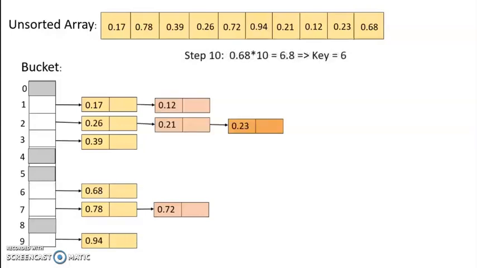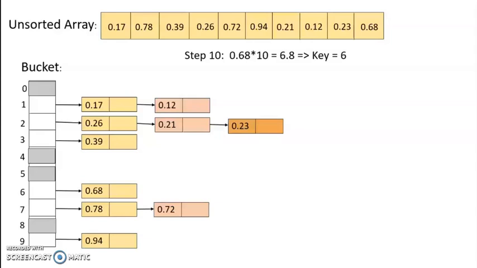Now when all the elements are distributed in the buckets, we will internally sort each bucket using any other sorting algorithm, for example insertion sort or merge sort. When we apply the internal sorting, we will get all the buckets sorted.